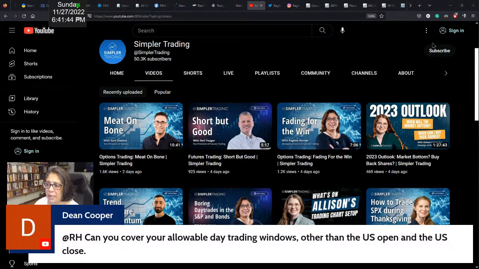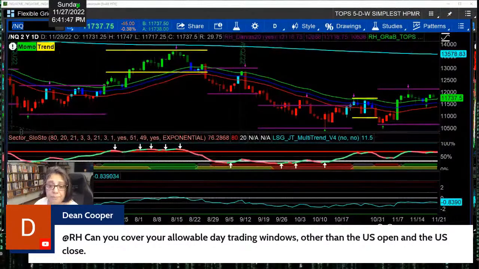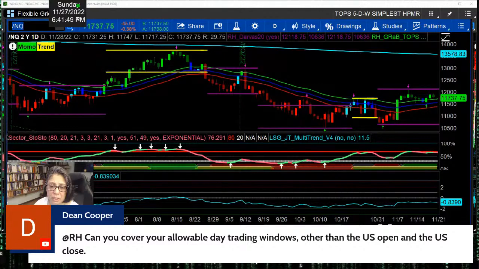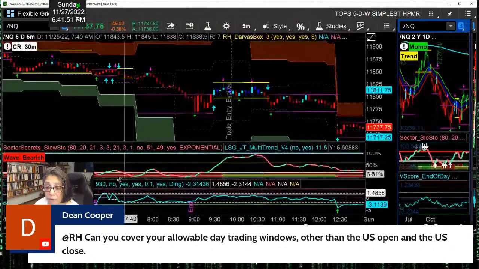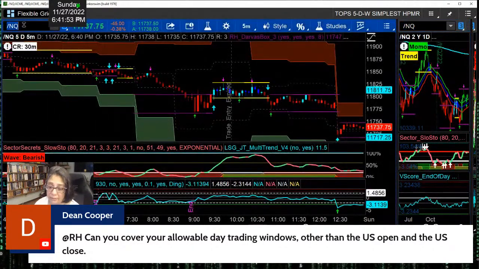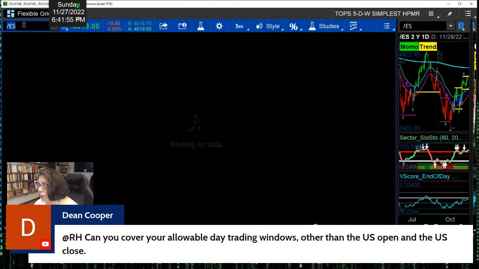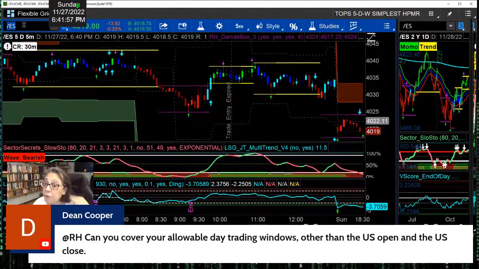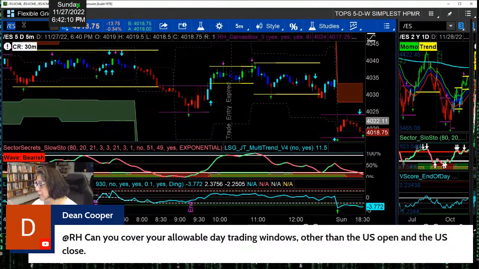I think the most important thing with those other windows is to make sure you know the volatility, that we are well versed in the volatility in the S&P or the Nasdaq or crude oil or the 6E for those particular windows, because the volatility is extremely different, say, for example, from 8 to 11 a.m. Eastern compared to 8 to 11 p.m. Eastern, right? You would think, oh, well, how different can they be?